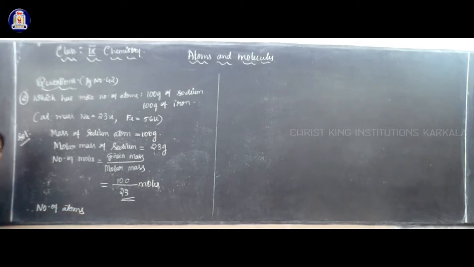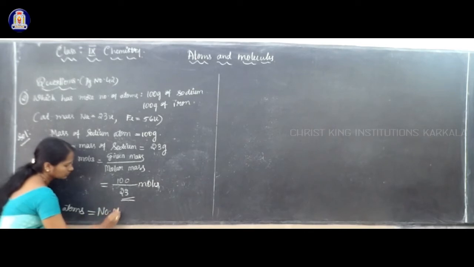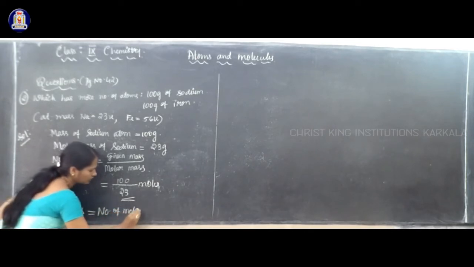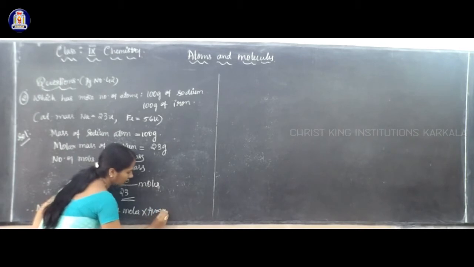Number of atoms, formula: number of moles into Avogadro number.